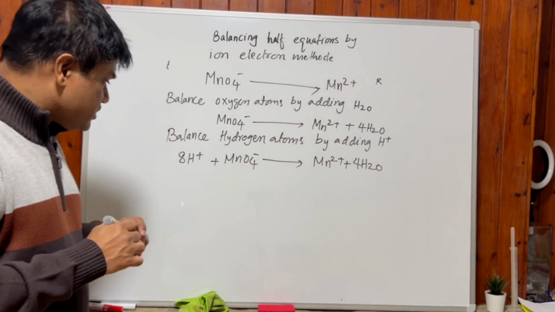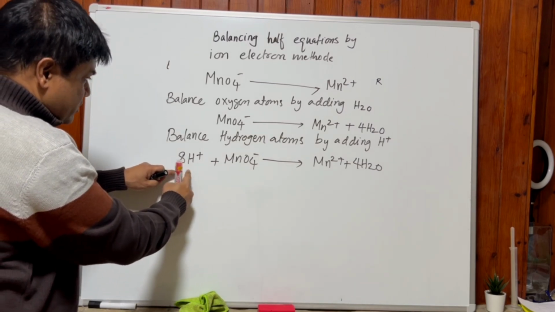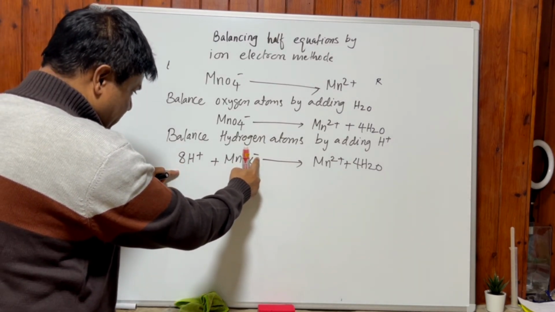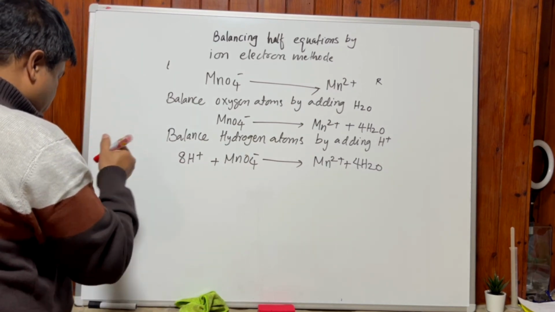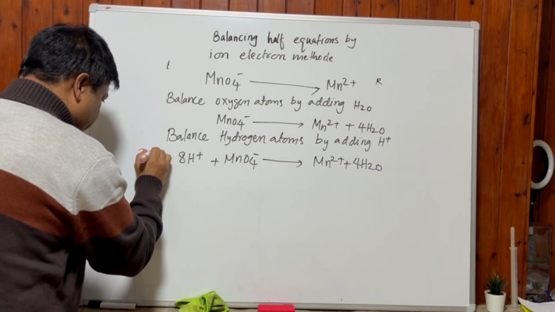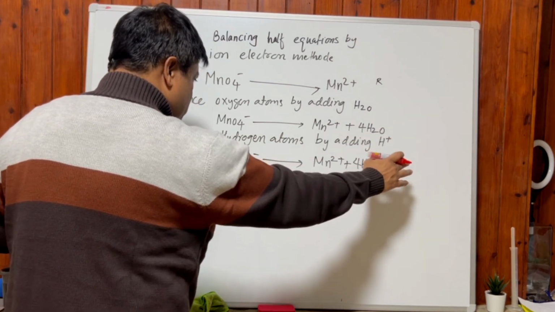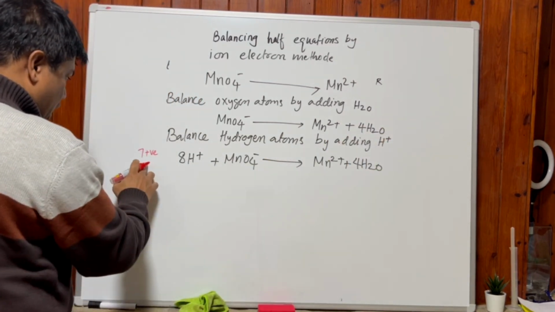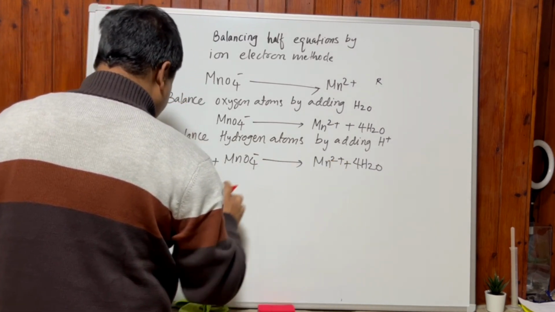Work out the charges on both the sides. 8 positive, take away 1 negative. How many positives are here? 7 positive. So on this side I have 7 positive charges, and on the right side 2 positive charge. So out of 7 positive charge, it gives away 2 positive charge on the product side.